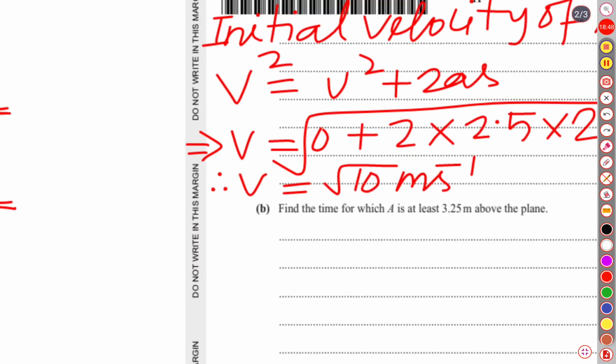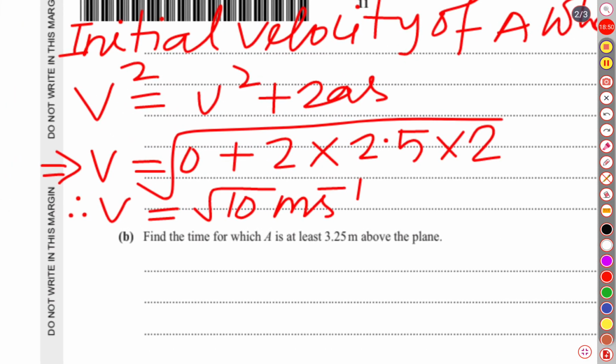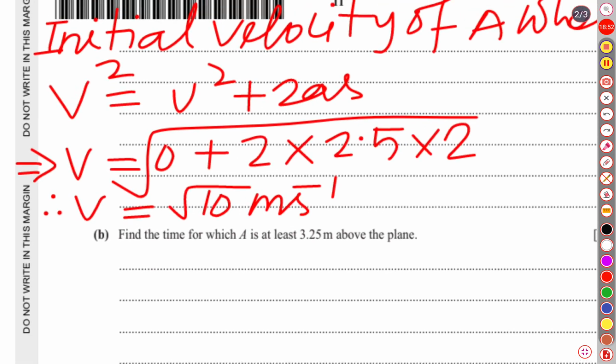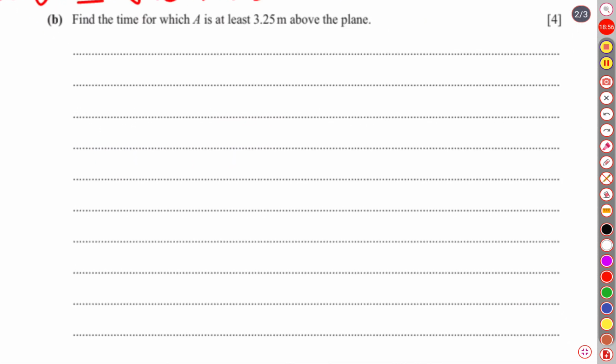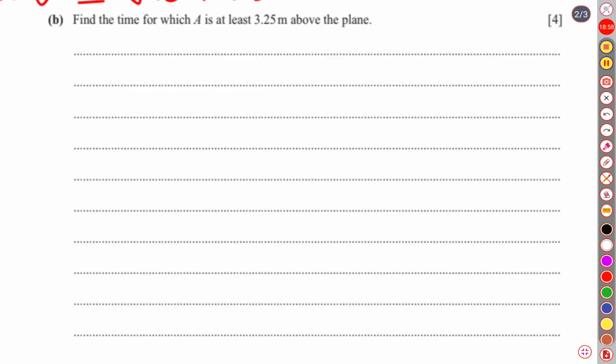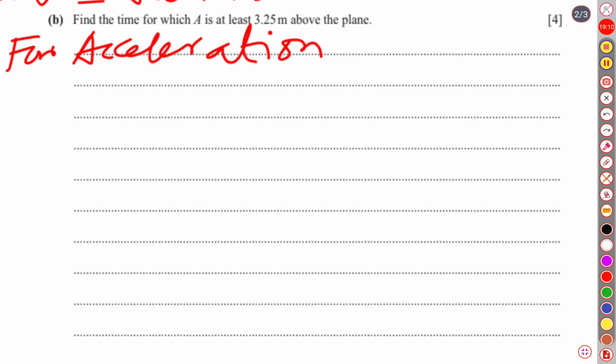For finding acceleration, we apply the simple concept of motion law of Newton.